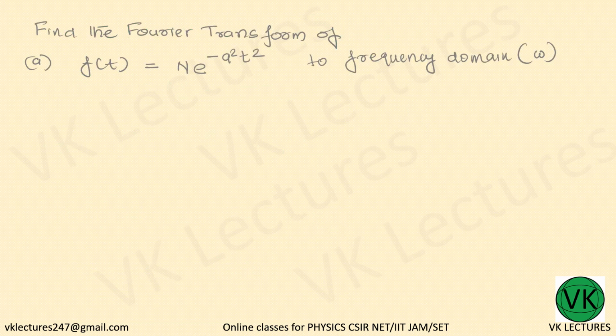Find the Fourier transform of the function f of t. The function f of t is given as n times e to the power minus a square t square, and it is transformed to the frequency domain omega. So it is from the t domain, that is f of t, to the frequency domain omega.